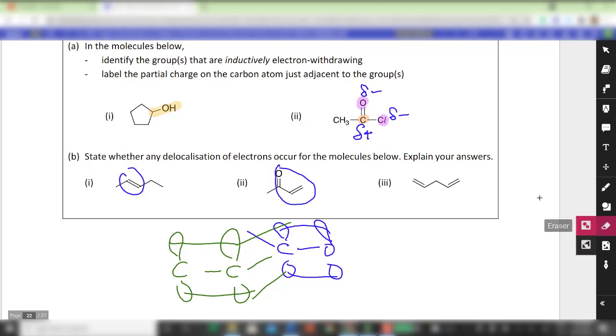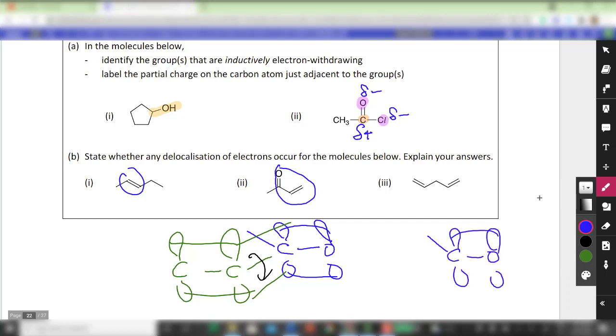But if I just do a small bond rotation over here, a 90 degree bond rotation, then there will not be delocalization. The reason is that after the bond rotation, my p orbital becomes orthogonal to this, so they are at 90 degrees.